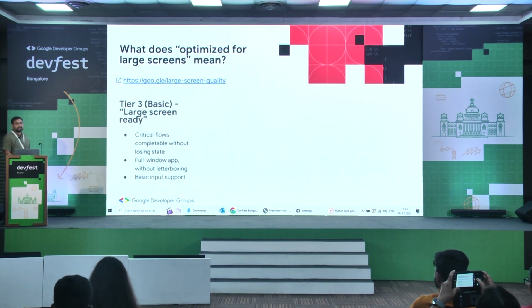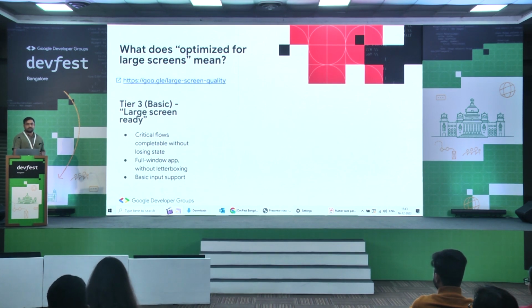When I say tier 3, you are able to complete all critical flows of your app with all the configuration changes. Configuration changes can be fold/unfold, rotation on fold, rotation on orientation, or multi-window or multitasking on your device.